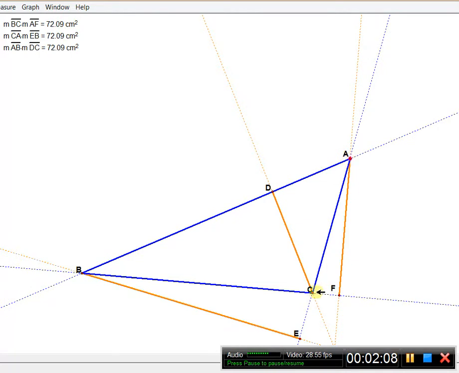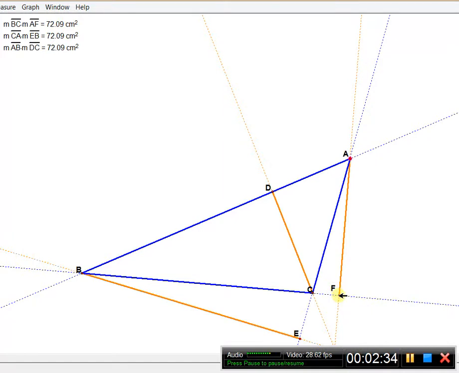So you see, I've got dotted lines to extend it, but AF is still the altitude to side BC, even though it doesn't actually hit the side, but it's perpendicular to the line that contains that side. So you can see, if I extended the side BC, then AF would be perpendicular to it.